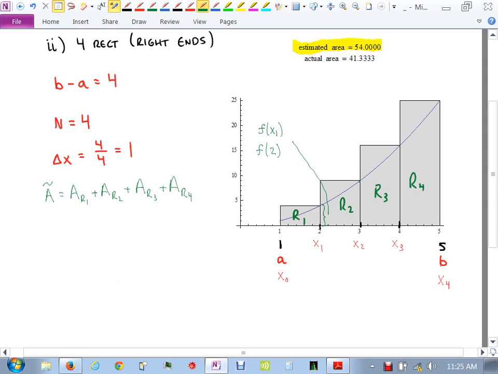What's the height of the second rectangle? F of x2, which again here is what? 3. And then f of x3, which is f of 4. And finally, f of x4, which is f of 5.